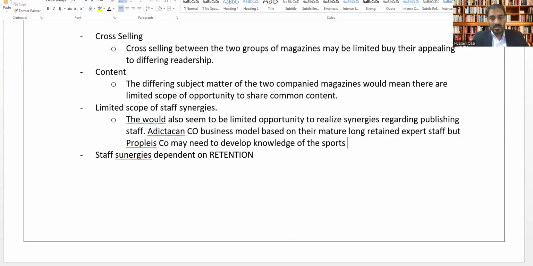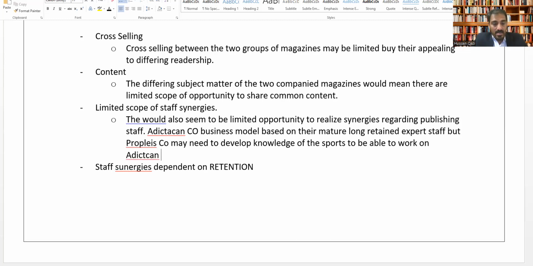of the sports, to be able to work on the addictants titles, or you can say that sports magazines.